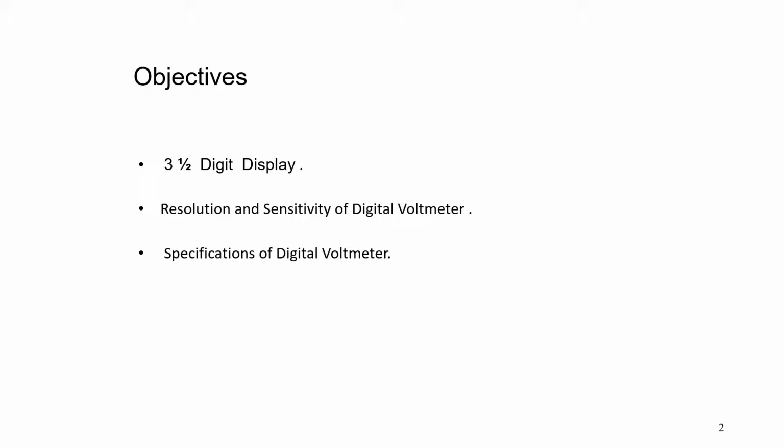So digital voltmeters are measuring instruments that convert analog voltage signals into digital or numeric readout. This digital readout can be displayed on the front panel and also used as a digital output signal.